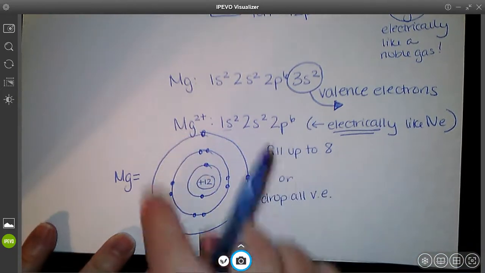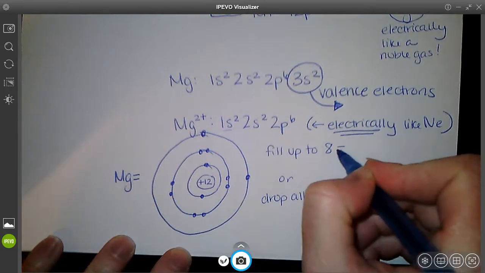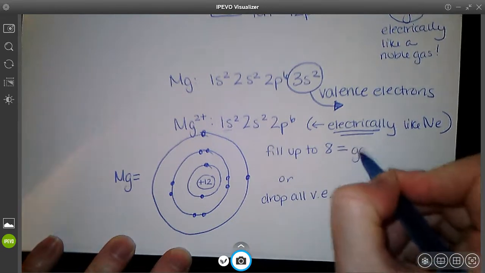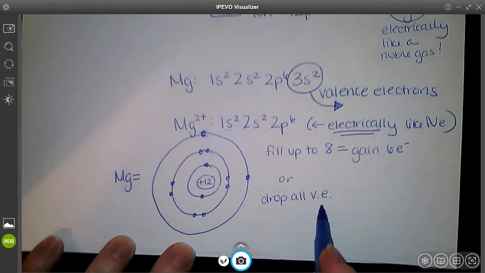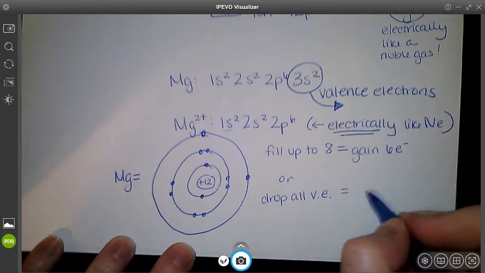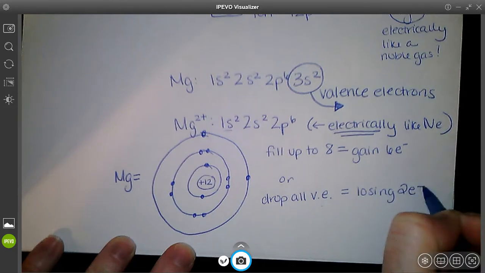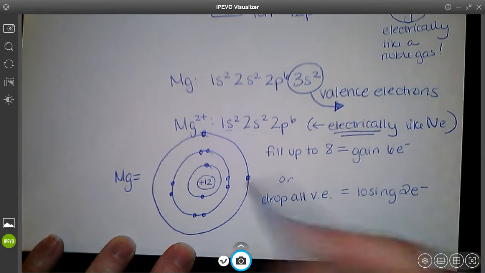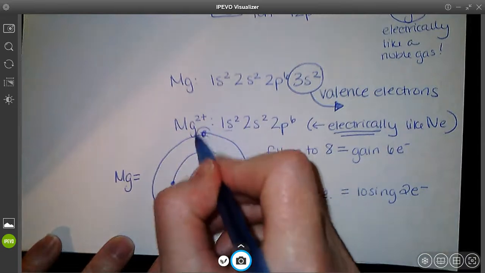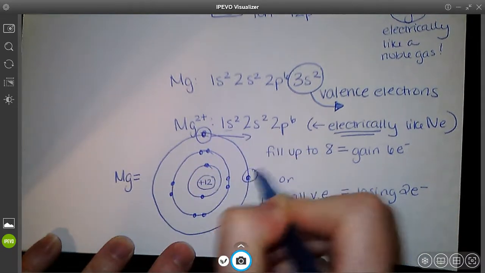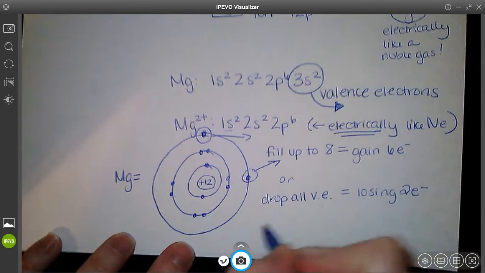Since we have 2 valence electrons in the outer energy level, this would require gaining 6 electrons. If I were to drop all valence electrons, that would require losing 2 electrons. I would lose these 2. And if I'm an atom, I'm going to do whatever's easiest. It's easier for these 2 to go away and become Mg2+.